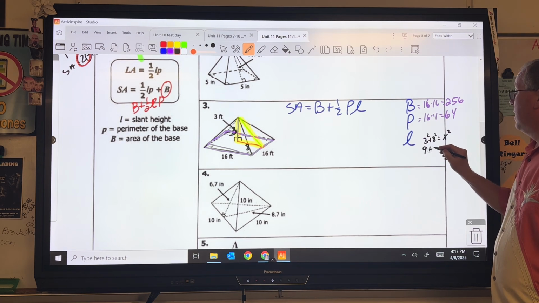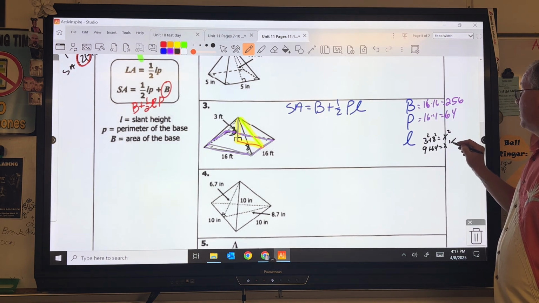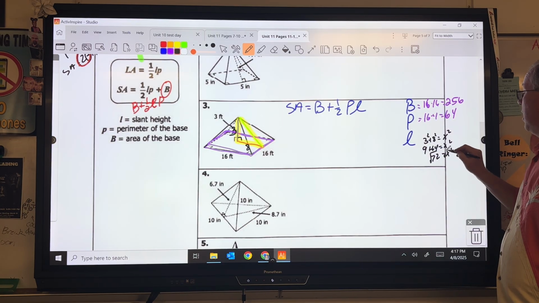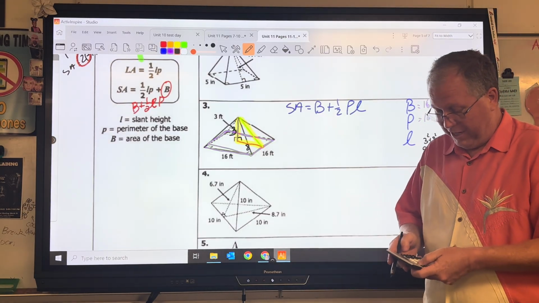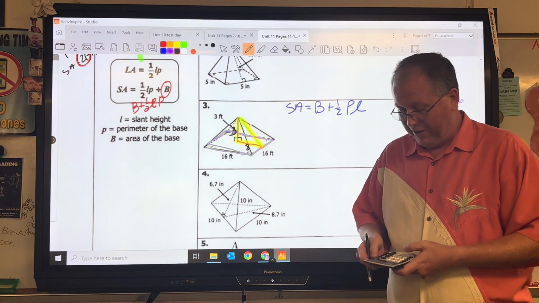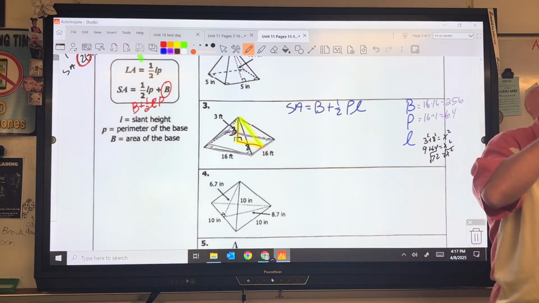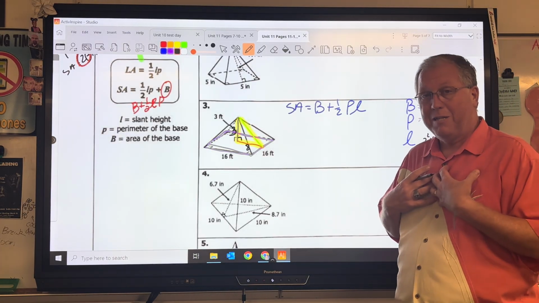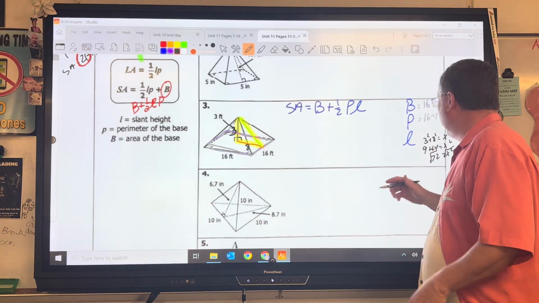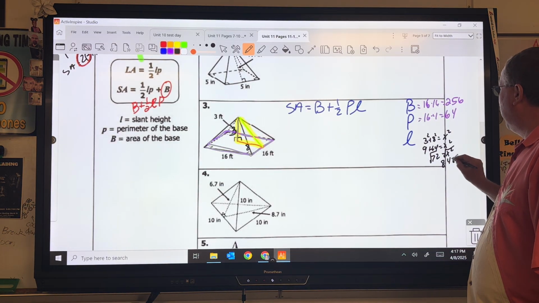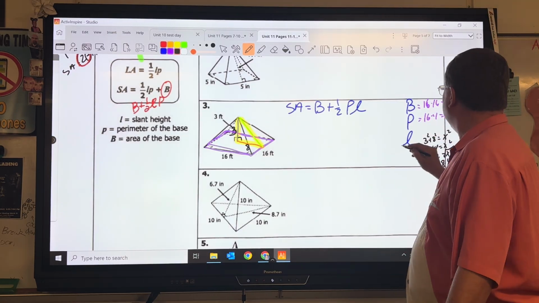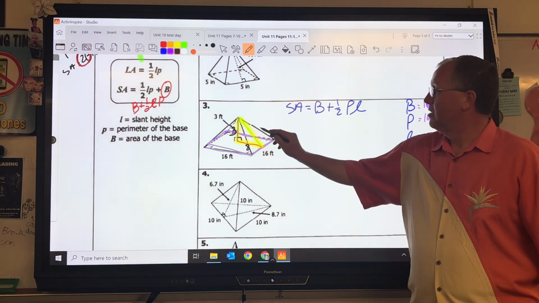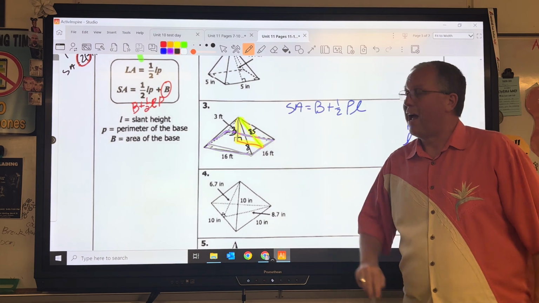This is 9, this is 64, that's 72, that's x squared. I take the square root of 72 on my calculator and I get 8.485. For our purposes, we're just going to round to the nearest tenth, so I'm going to round to 8.5. So my slant height is going to be 8.5.